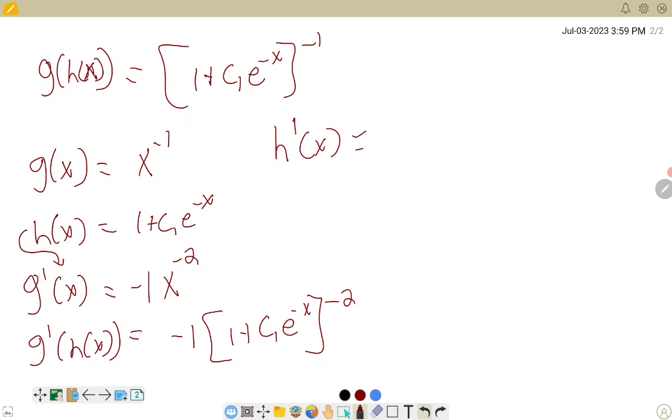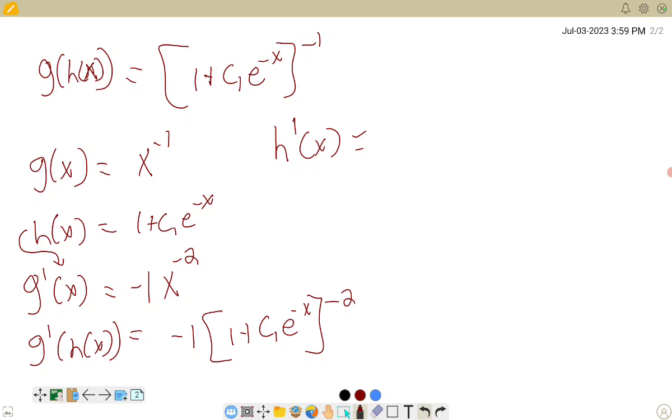which gives us h prime of x, which is just, well, the derivative, remember the derivative is a nice linear operator. You might not have heard those terms before necessarily in that way, but basically what that means is that if I have a sum of things, I can take the derivative of each term of the sum separately and then add it all together.